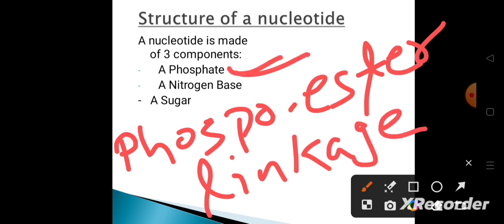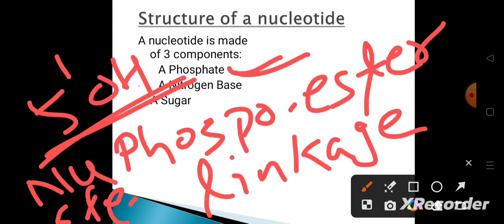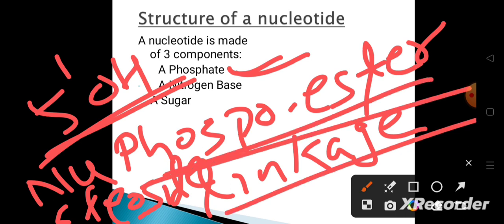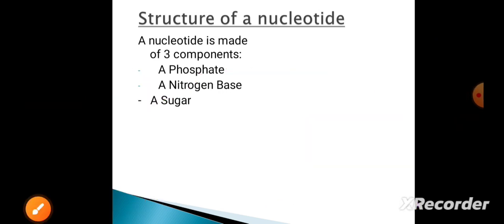Phosphate group is attached to the 5'-OH of nucleoside by the help of phosphoester linkage. Clear? Okay.